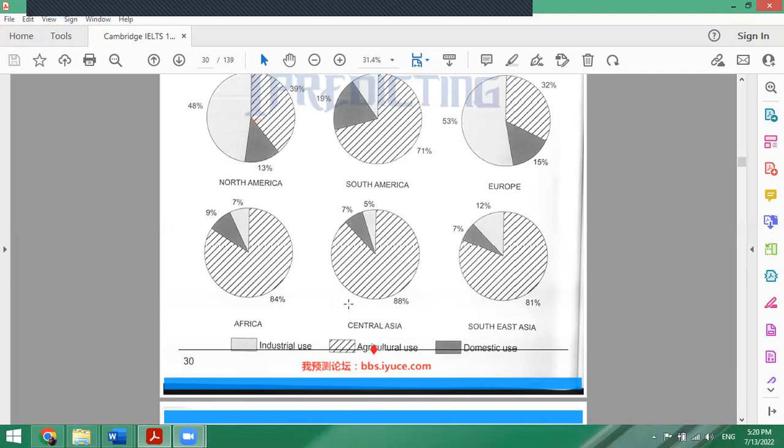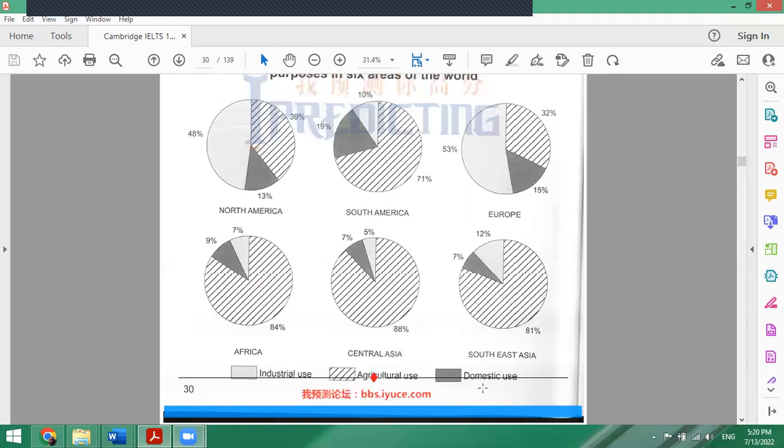And then you start your next paragraph by writing about both industrial use and domestic use. So if you think industrial and domestic, which is more than the other, as you see, probably the blue space is larger than the dark space. So industrial comes before the domestic use. So you start writing about industrial use, and by comparing the industrial use with regions.